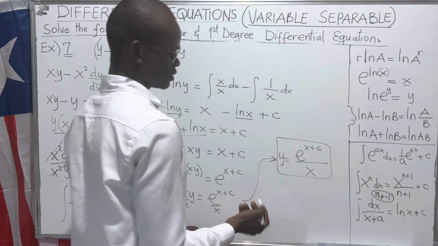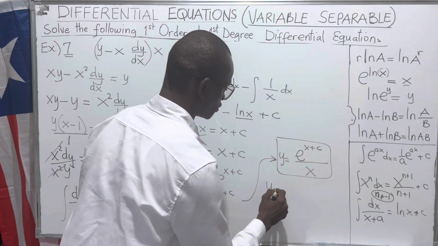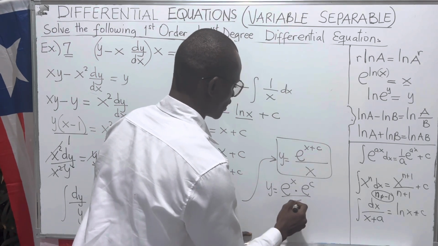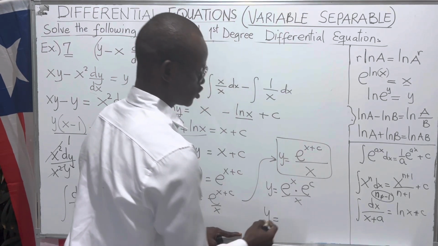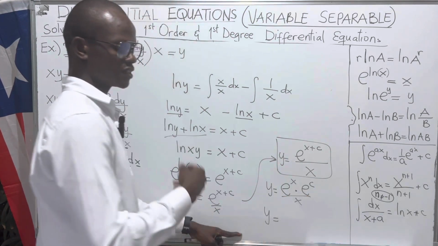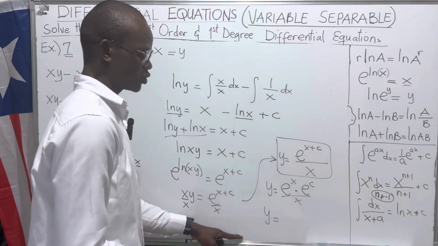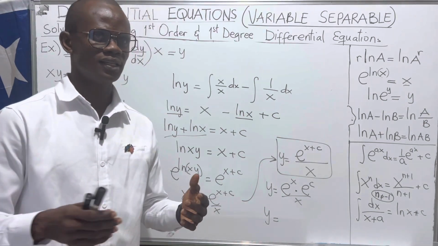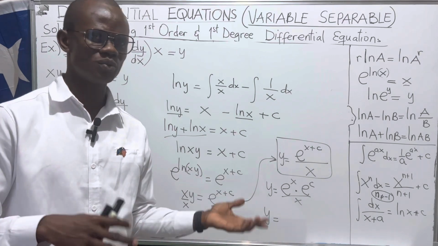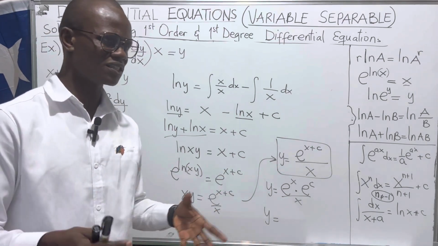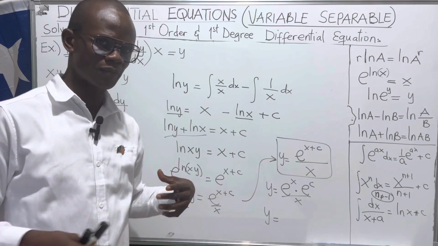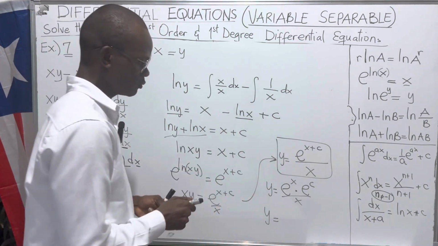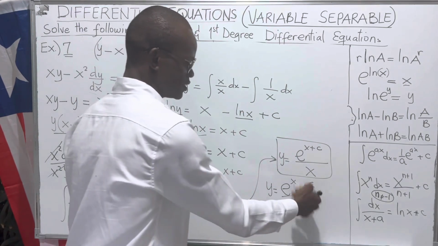If we want to simplify further, we can say y equals e raised to x times e raised to c, all over x. So we can further say that this e raised to c is just a constant. Whether it is 2c, 3c, 4c, or whatever constant, as long as it is just a constant, you can represent it with any other letter or variable.